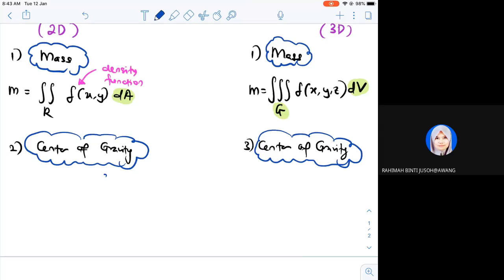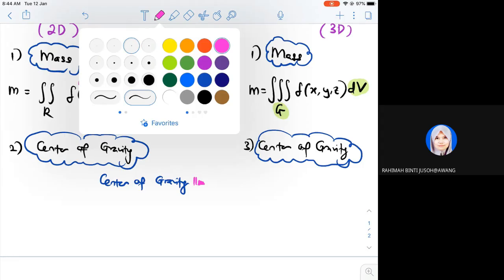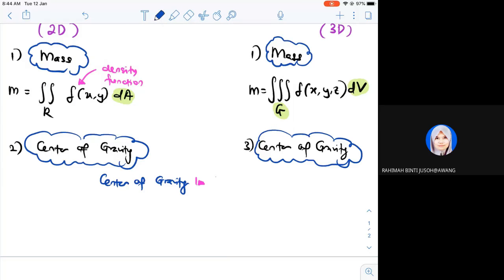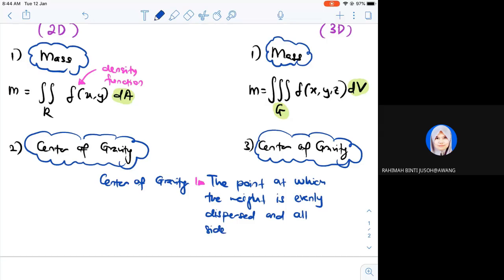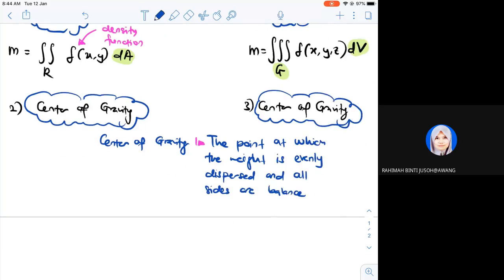Center of gravity, the definition: this is a point, the point at which the weight is evenly dispersed and all sides are balanced. Okay, so the keyword for center of gravity is the weight. This is its keyword.